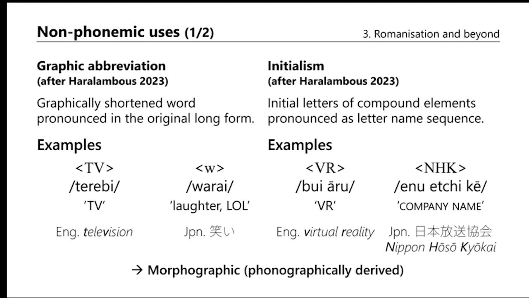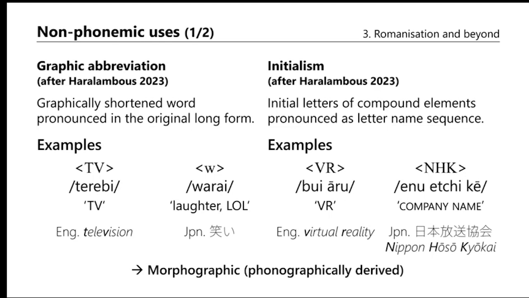Initialism is another type of non-phonemic use: initial letters of compound elements pronounced as a letter name sequence. For example, in English, we have VR. The word has been imported as VR, coming from virtual reality. Another example here is based on Japanese words, which is the name of a Japanese broadcaster.